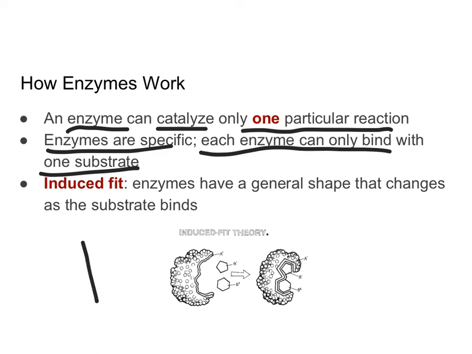And the theory that we use to explain this is called the induced fit theory. It's the idea that enzymes have a general shape and only a certain substrate will be able to bond to their active site. And if only a certain substrate can bond to their active site, then they can only catalyze one reaction. So remember we said that a protein's shape is essential for its function. That's really explained here by the induced fit theory.